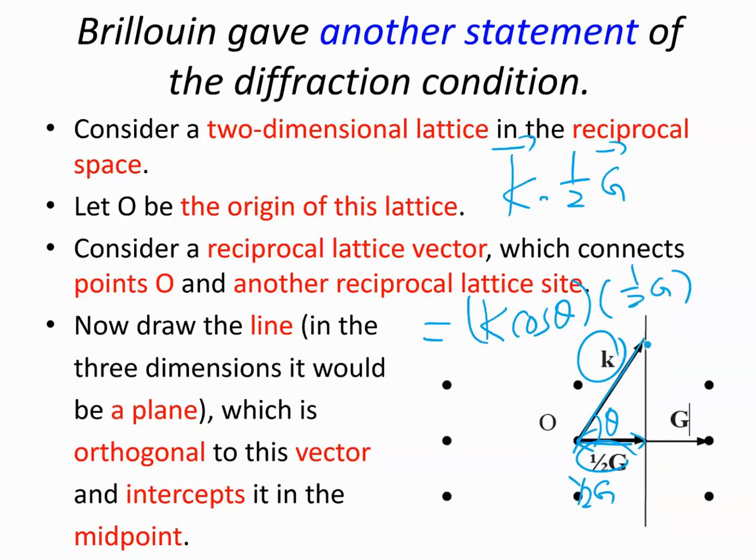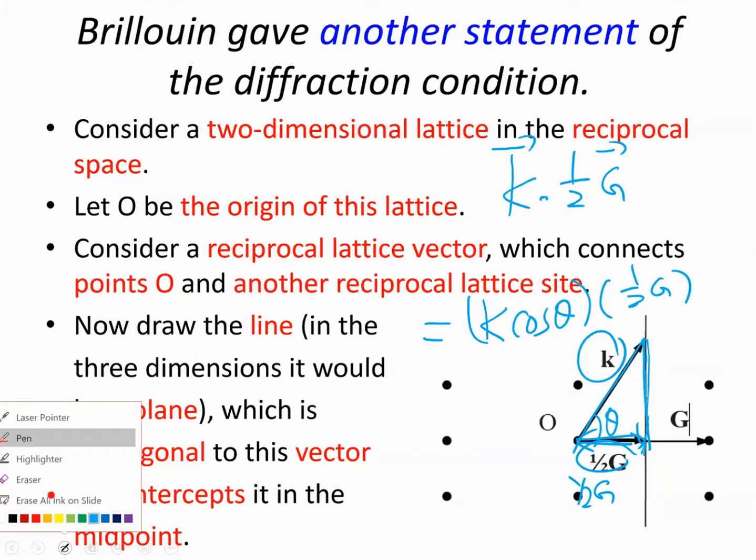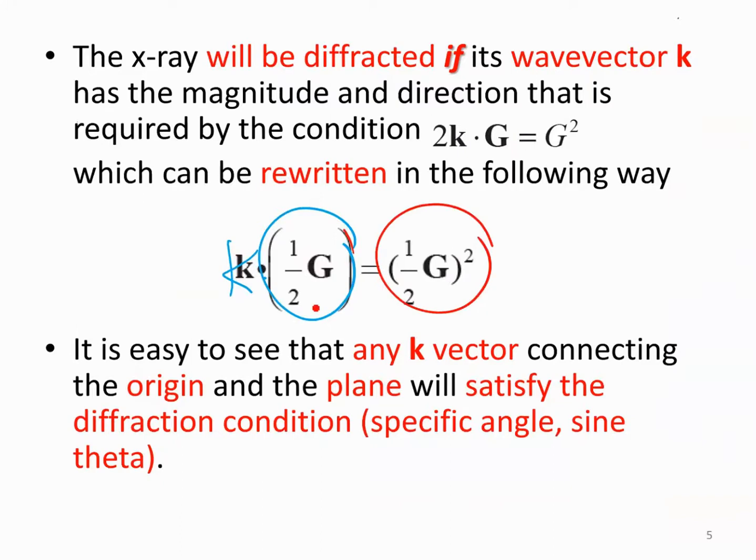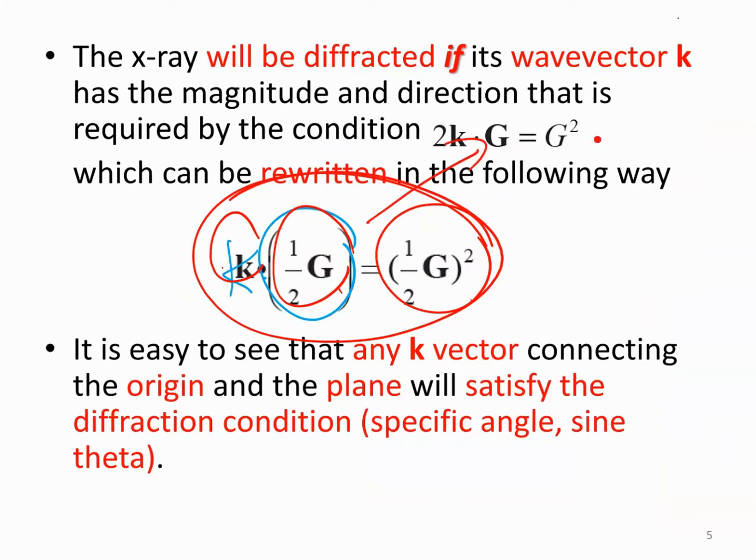Then k cos theta means you project down, and you get k cos theta, which is this length, and it is actually equal to half G. Okay? So k dot half G gives you half G squared. This equation satisfies the Bragg law condition.